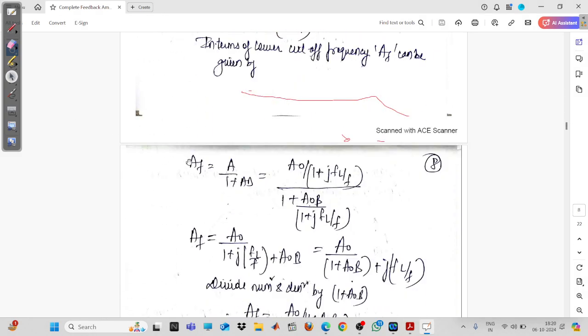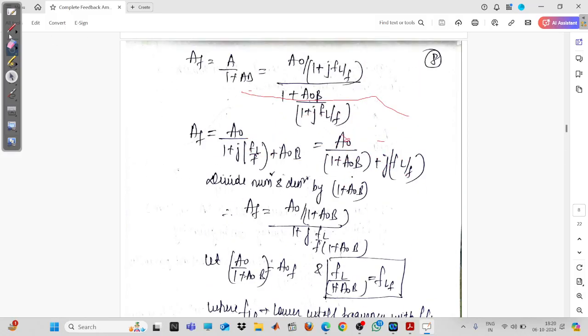Okay, so now we will put in all the values: A0 upon 1 plus j FL upon F. So now if you take the LCM of it, this 1 plus j FL upon F will come here. Now you just rearrange the equation: A0 upon 1 plus A0 beta plus j. Fine.